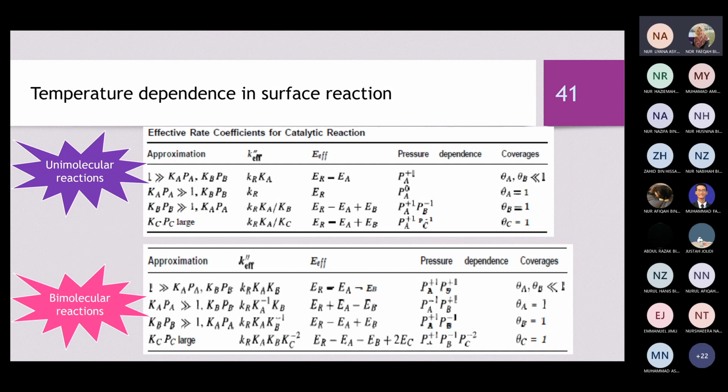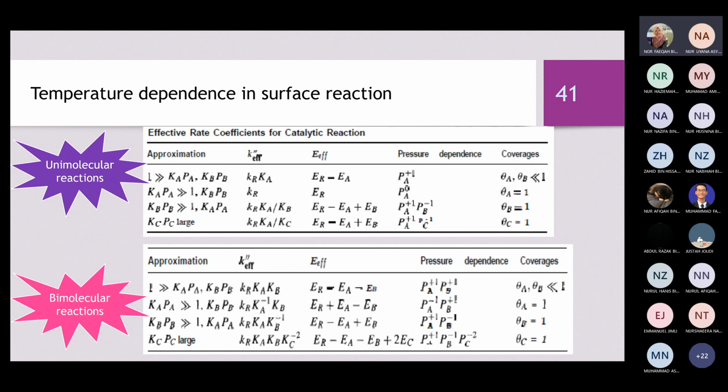Okay, yang ni just we make a comparison in terms of apa tu, the reactant that we use, either it is unimolecular or bimolecular. Bimolecular ni if the reaction involves two reactants. Unimolecular if the reaction involves one reactant.